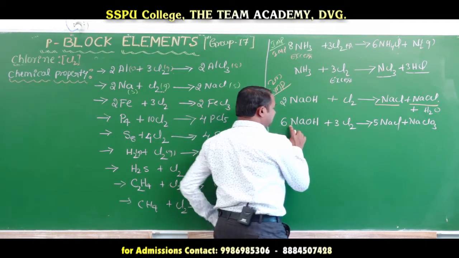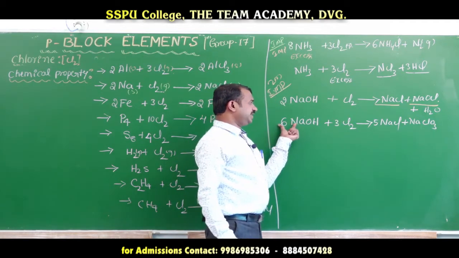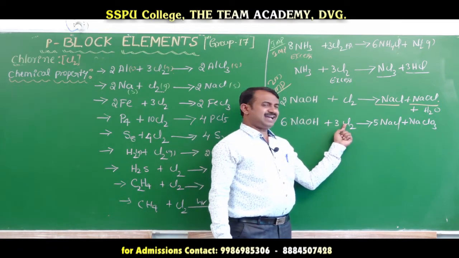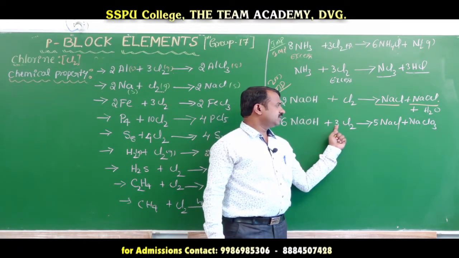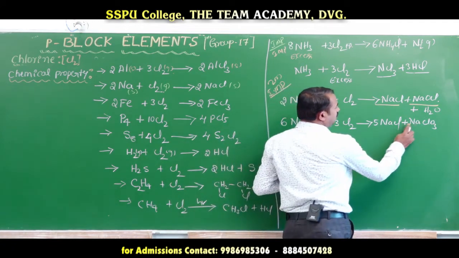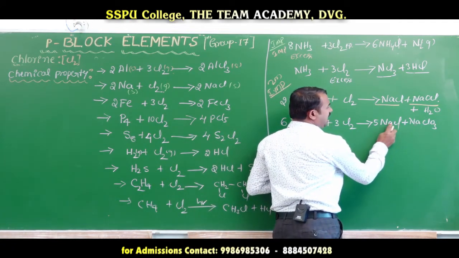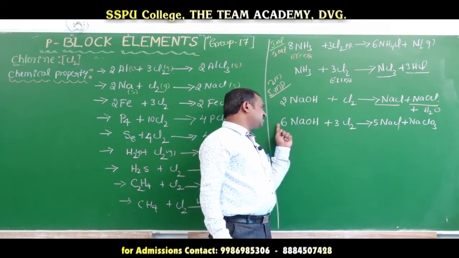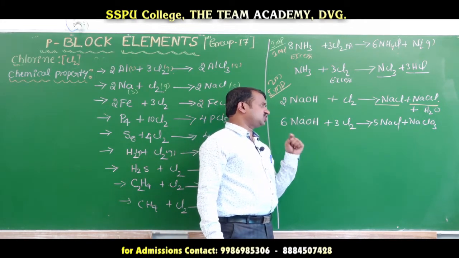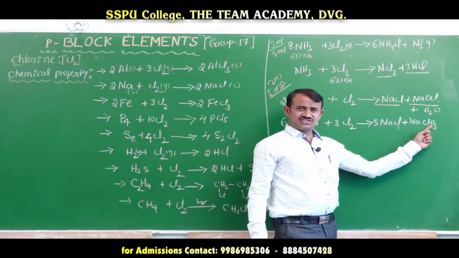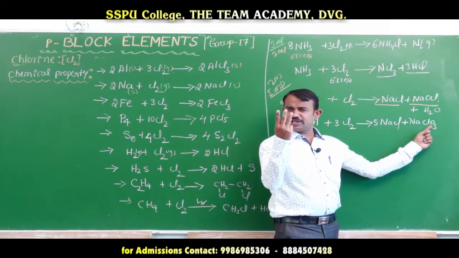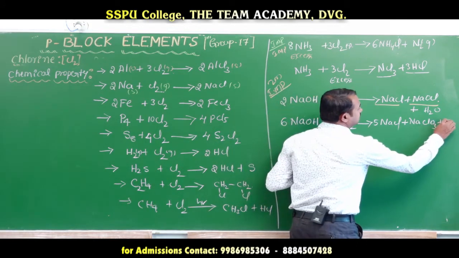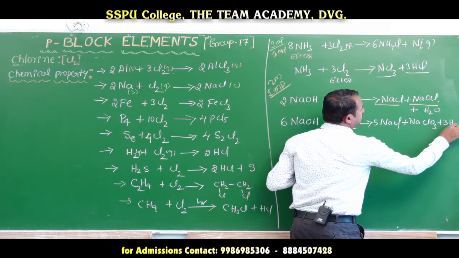Listen here: 6 sodium, 5 and 1, 6. How many chlorine are there? 6 chlorine: 5 chlorine here and 1 chlorine, total 6. How many hydrogen and oxygen? 6 hydrogen and 6 oxygen. Here 3 oxygen are consumed. How many oxygen remain? 3 oxygen and 6 hydrogen are released as 3 molecules of water.